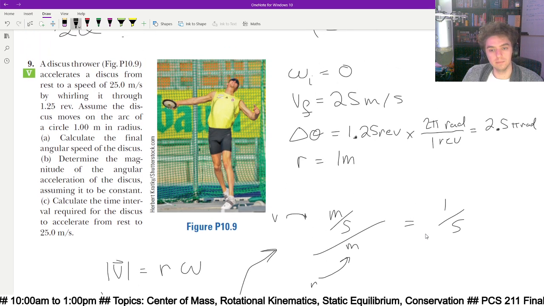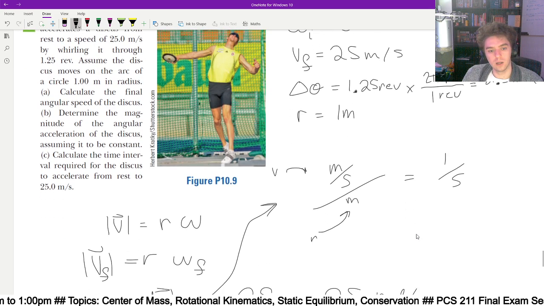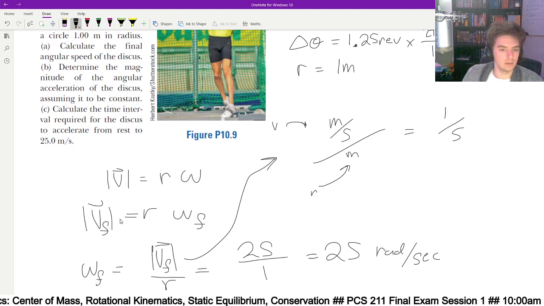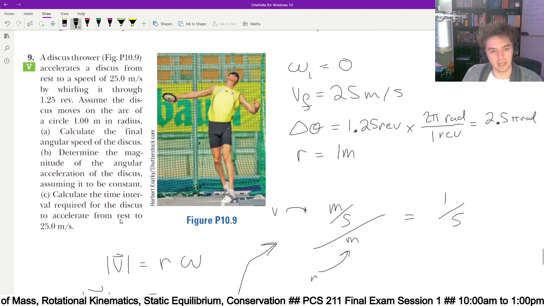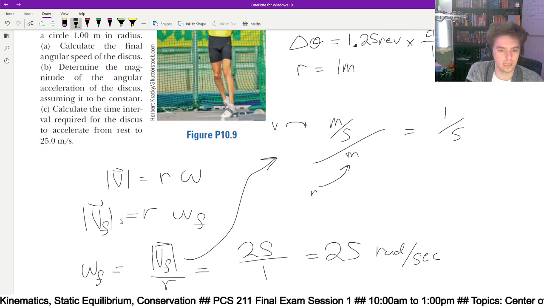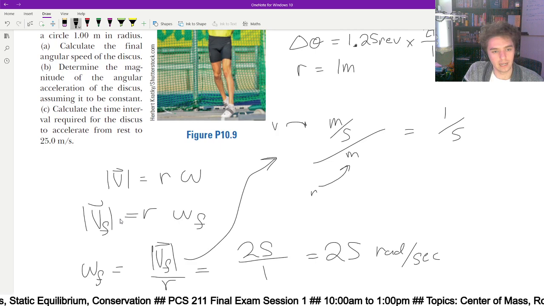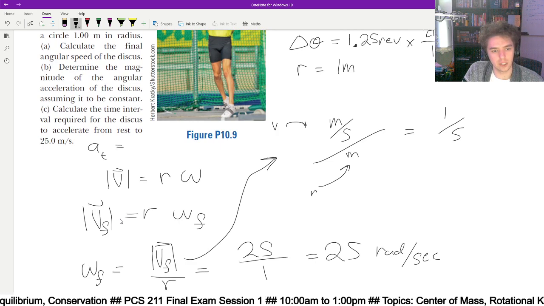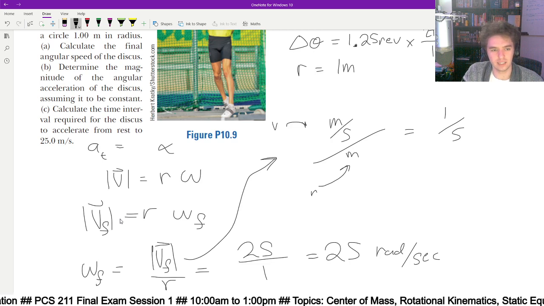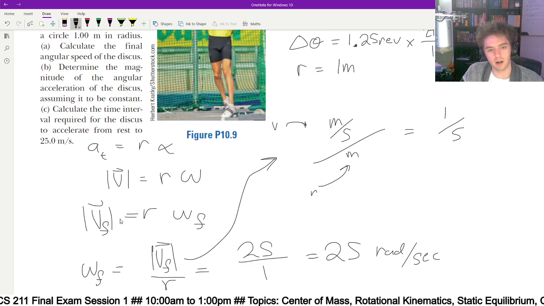Okay, so where did you get the velocity equation from? Like this v equals r omega. It's for every angular quantity. If we have any acceleration, position, anything like that, it's related to the linear quantity by r. If I know the tangential acceleration and I want the angular acceleration, I just multiply by r.